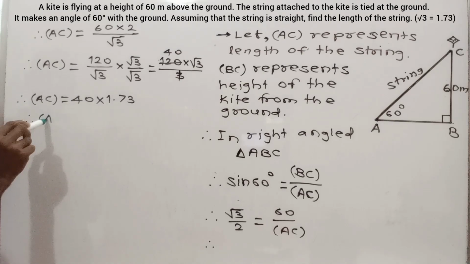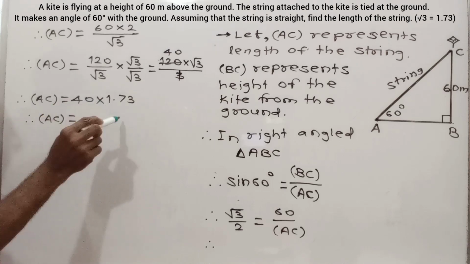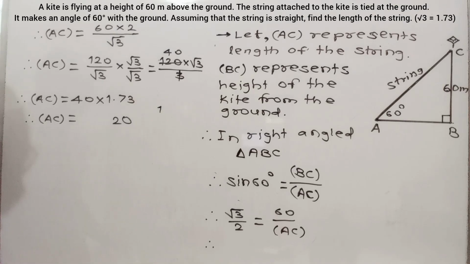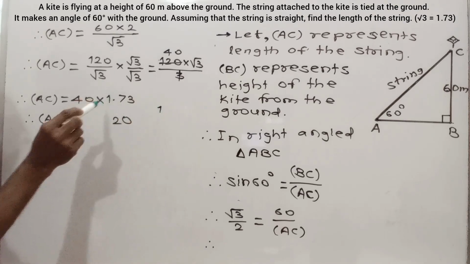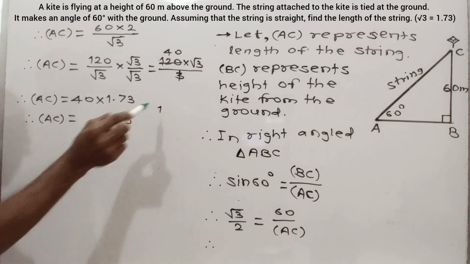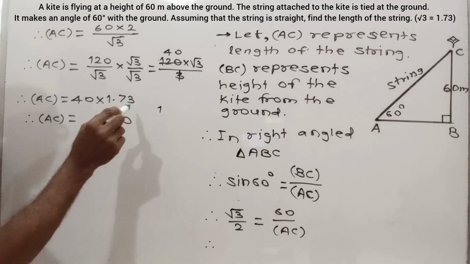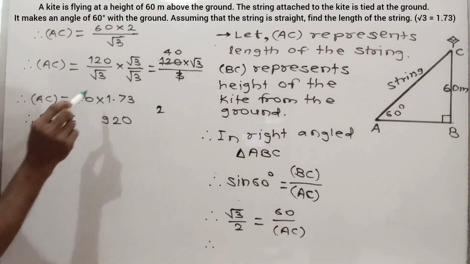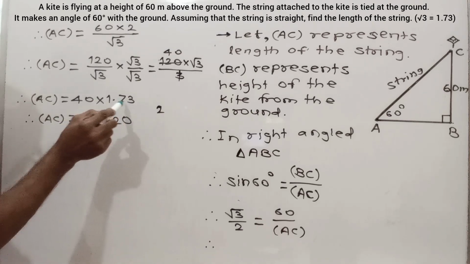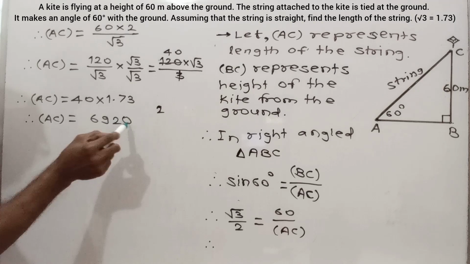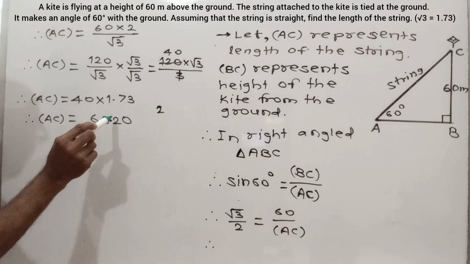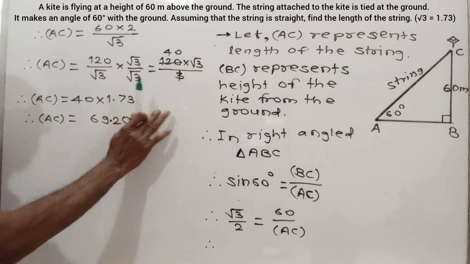Therefore, AC is equal to, this 0, 4 into 3, 12, carry 1, see here, 4 into 7, 28 plus 1, 29, 4 into 1, 4, 4 plus 2, 6. Here 2 decimal places, so here also 2 decimal places, 1, 2, so the decimal point is here, meter.